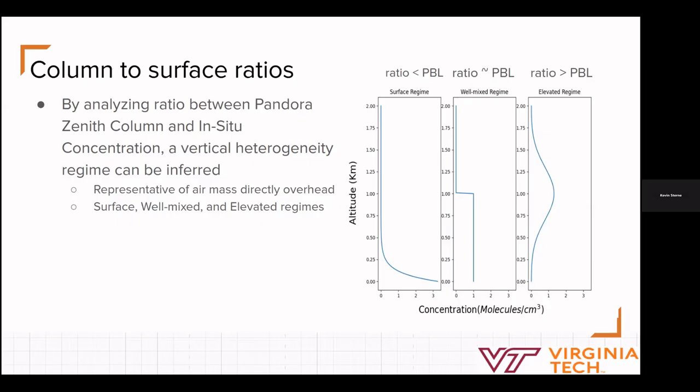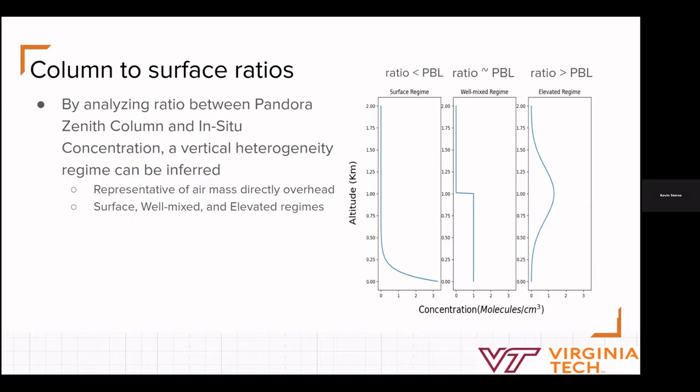column to surface ratio and the boundary layer height to better understand how these trace gases are distributed within the boundary layer itself. For instance, if we have the majority of your trace gas situated closer to the surface, we would see column to surface ratios much less than the boundary layer height.